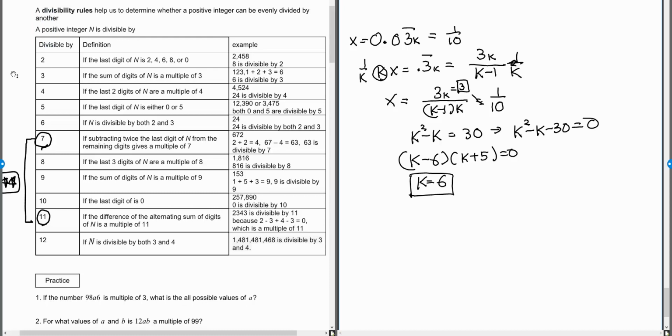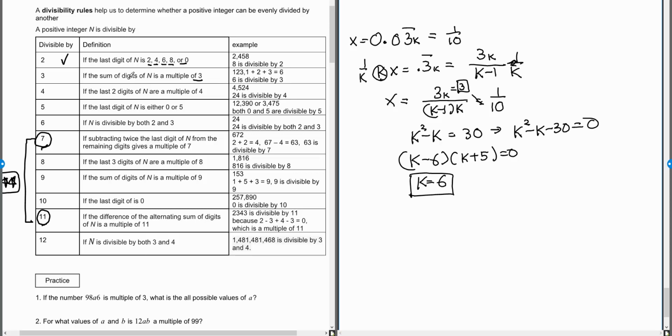Alright, divisible by 2 first, we're going to go over, okay? Divisible by 2 is if the last digit is an even number, they are all divisible by 2. We know that. Now, divisible by 3, it's the same as divisible by 9, right? If the sum of digits is a multiple of 3, that is divisible by 3.